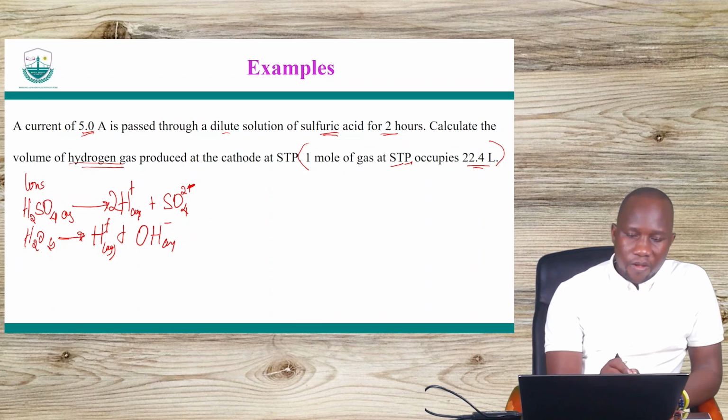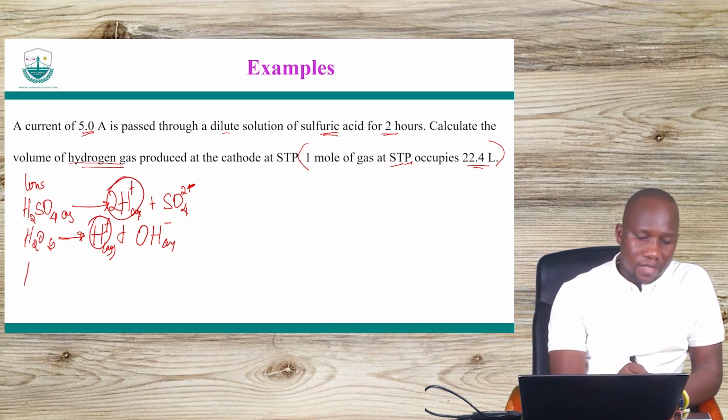So what we have is that these hydrogen ions are the ones that get discharged. Hydrogen ions, aqueous, get discharged to give us hydrogen gas, with electrons.